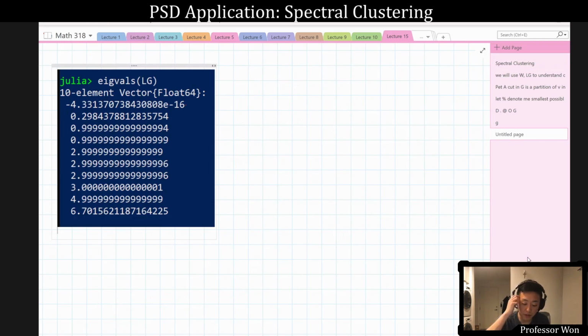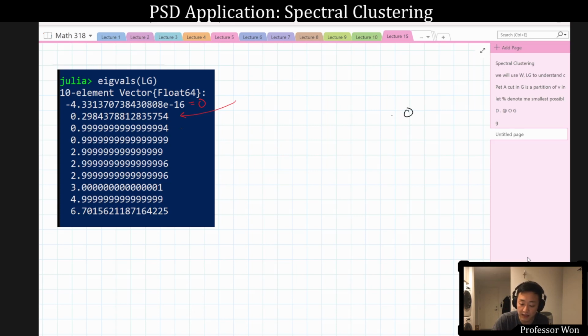So let me pull up this picture, which is a picture of the eigenvalues of the Laplacian. Okay, so remember that we talked about how this first value is actually equal to 0. And the second one, this Fiedler value, would be 0 if the graph was disconnected. Okay, so notice that it's a very small value. And the fact that it's small is reflecting the fact that the graph is pretty close to disconnected, right?